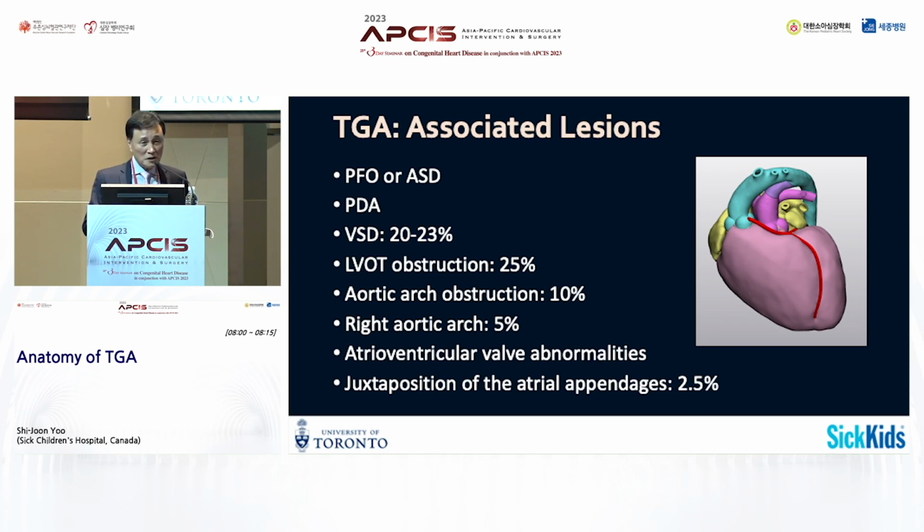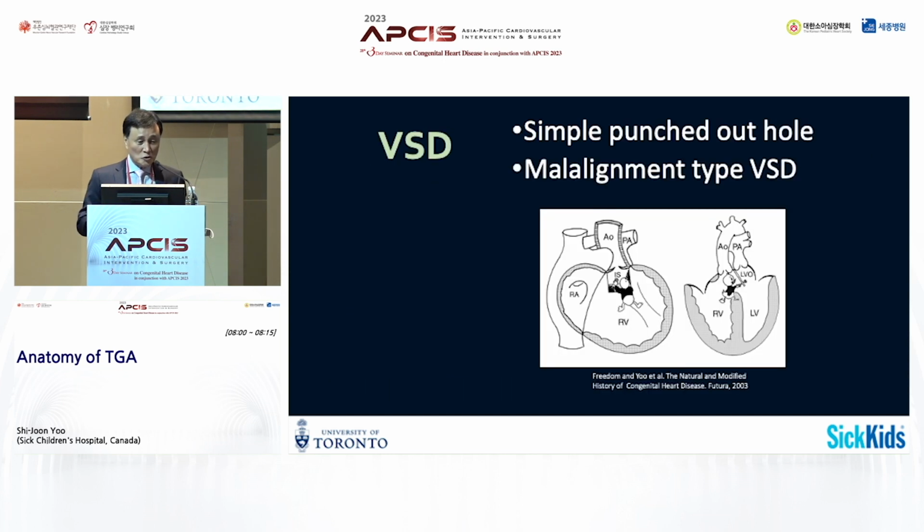Atrioventricular valve abnormalities can be seen, and juxtaposition of the atrial appendages is seen in about 2.5%. I don't want to go over everything, but I want to call all these three together, VSD, LVOT obstruction or pulmonary stenosis, and aortic arch obstruction, and make it short.